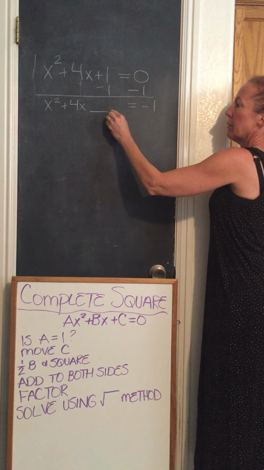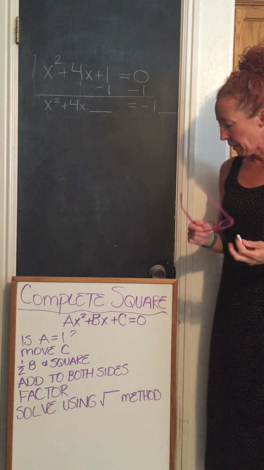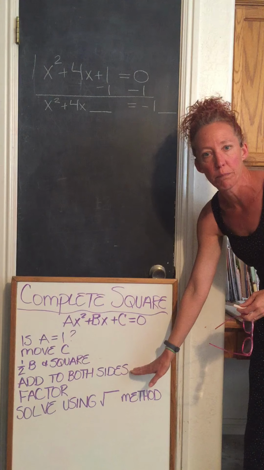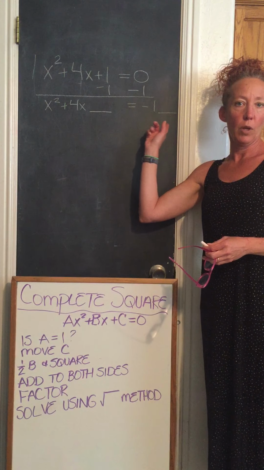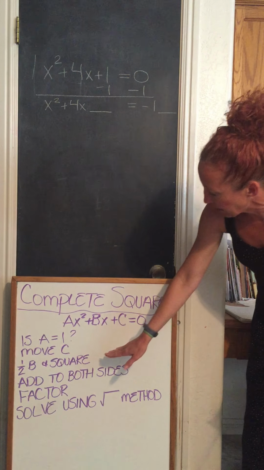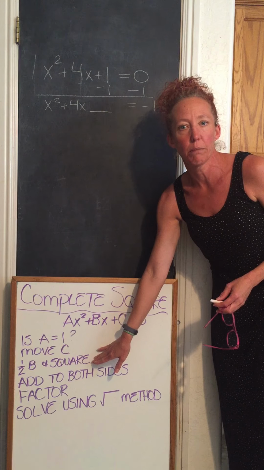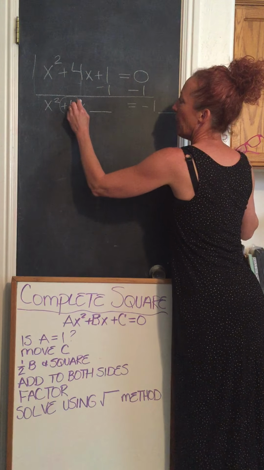And what I want you to do is add some spaces there in the back, because if you jump down to our steps a little bit, you're going to see that we're going to add something to both sides of our equation, and that's where we're going to put that number. The next step says we're going to take half of whatever the b term is and square it. So our b is a positive 4.